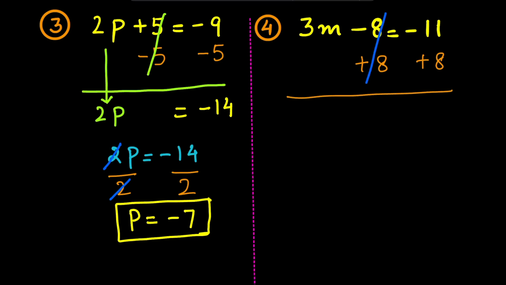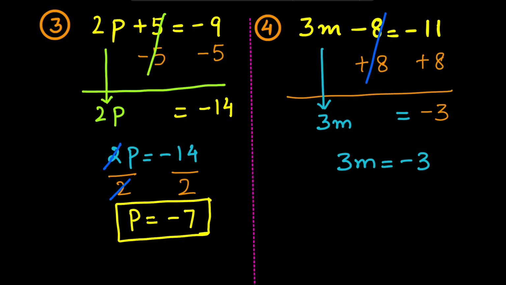So minus 8 and 8 get cancelled. So we get 3m here equals negative 11 and positive 8. So we write the answer negative 3. So we get 3m equals negative 3.